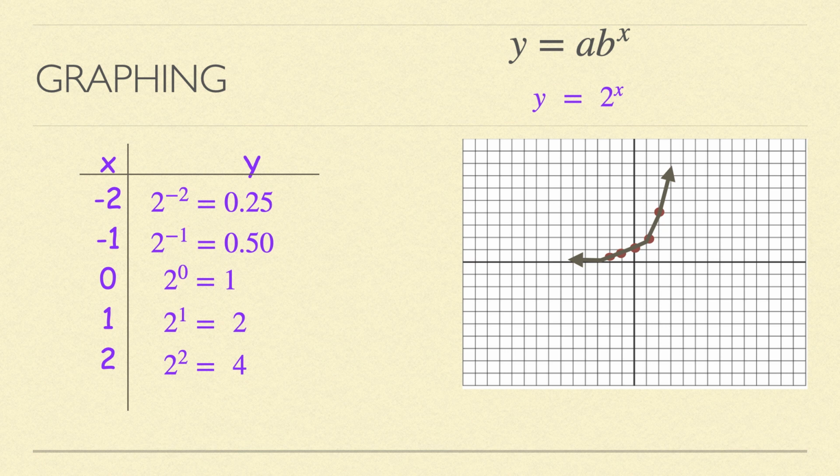Notice I didn't say anything times 2 to the x power. I just said 2 to the x power. That means that a is 1 and b is 2. And because b is greater than 1, that means it's an exponential growth.